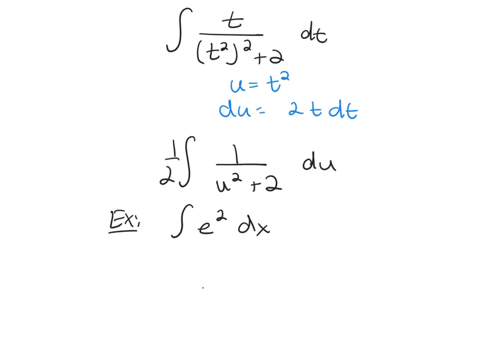That's just a number, right? Don't get confused with the e there. e squared, that's just a constant, right? And we can pull constants outside in front of the integral. So this is e squared times the integral of 1. What's the integral of 1? x, exactly.